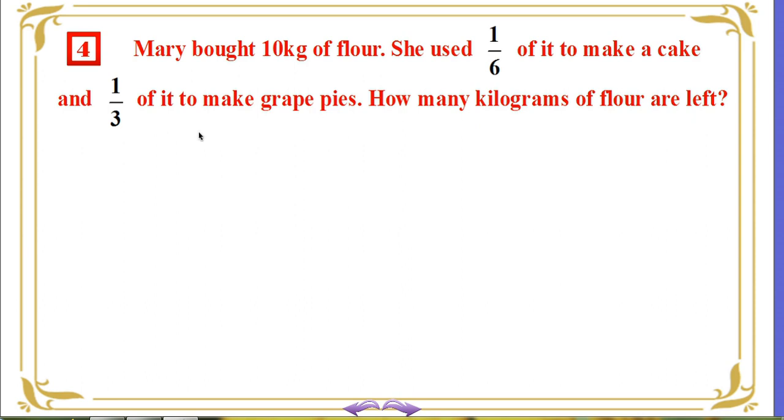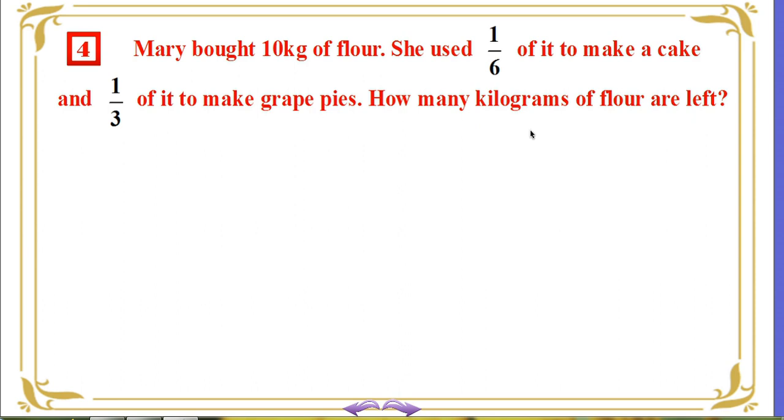And we continue to calculate the 1/3 of the 10 kilograms used to make crab pies, 1/3 times 10. Finally, we take the 10 kilograms of flour and subtract the weight of flour used to make cakes and the weight of flour used to make crab pies. We have the remaining weight of flour.